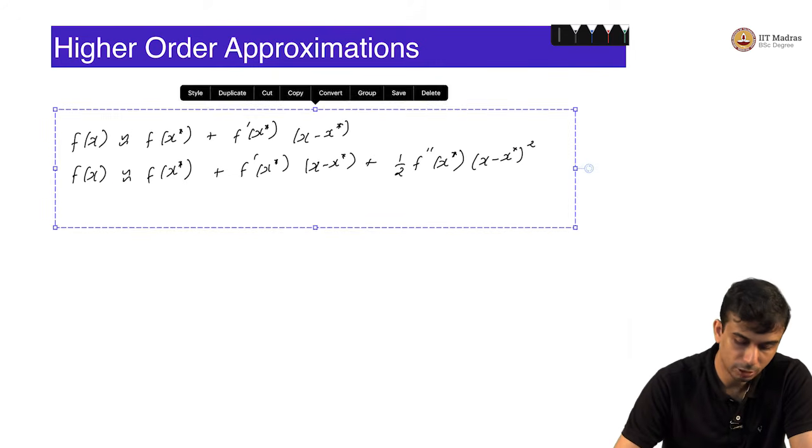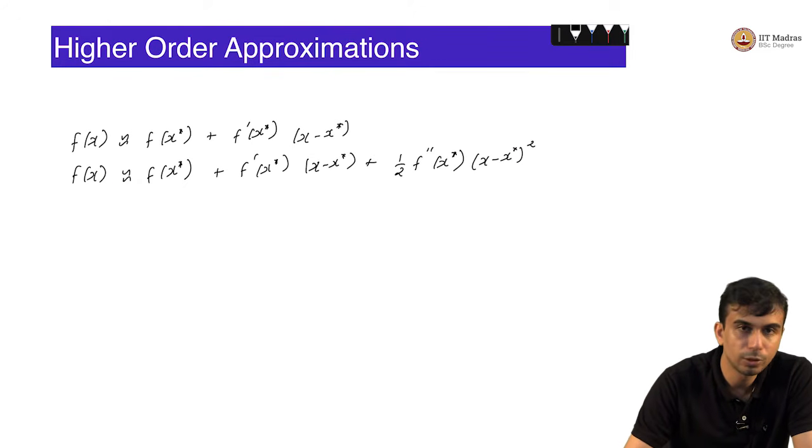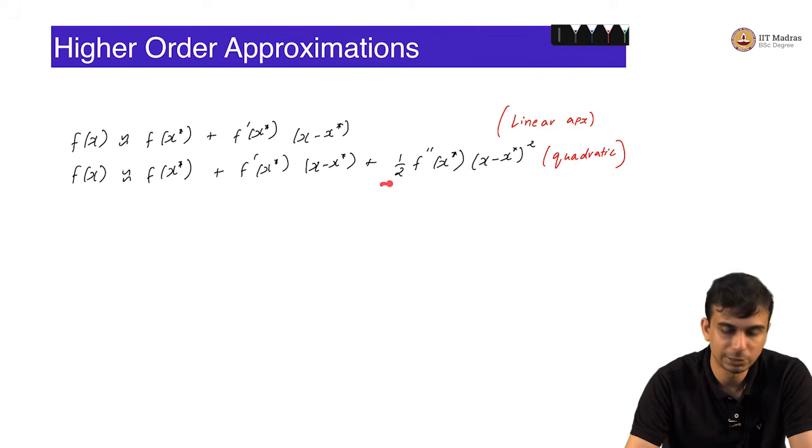This is called a quadratic approximation. Both of these are valid around x approximately equal to x star. The first expression is the linear approximation. The second expression is the quadratic approximation.